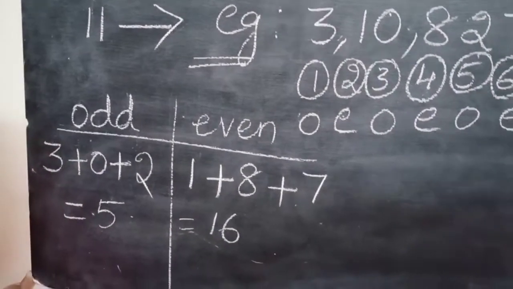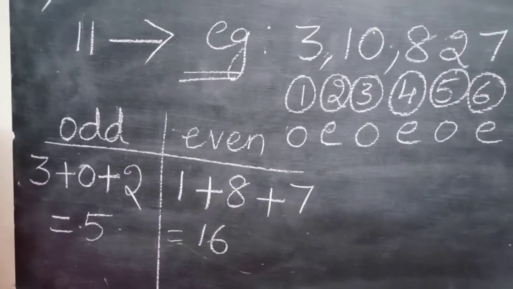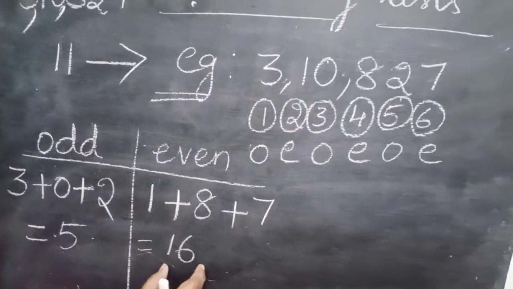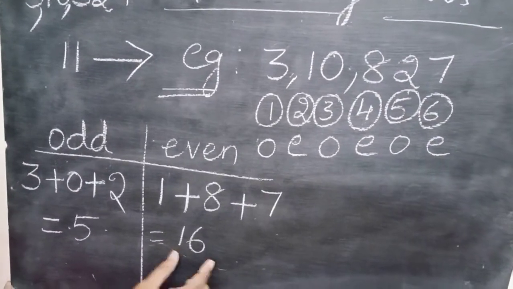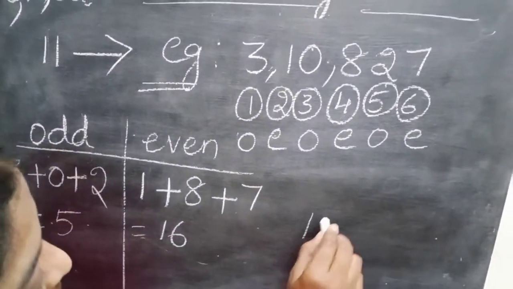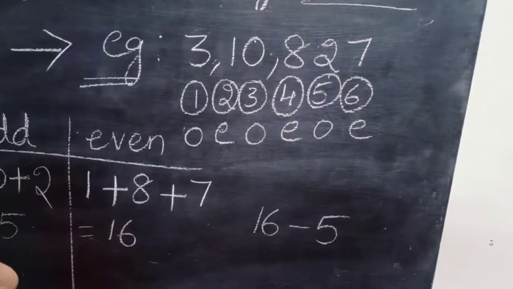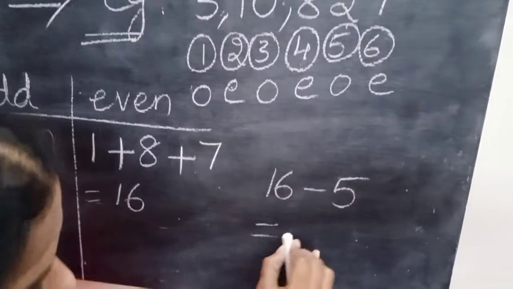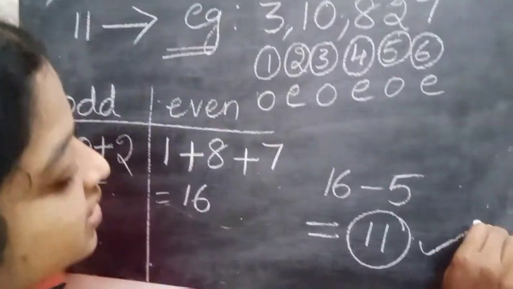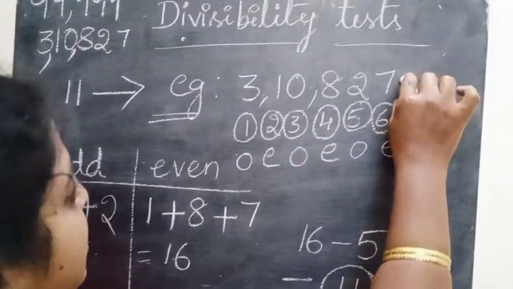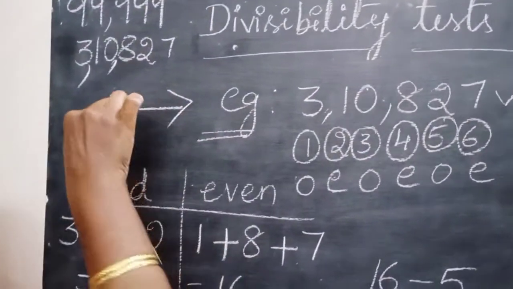So you can see here odd minus even or even minus odd, but you should subtract the small number from the big number. Here it is 18 minus 5. What is the answer? 13. So the given number is exactly divisible by 11.